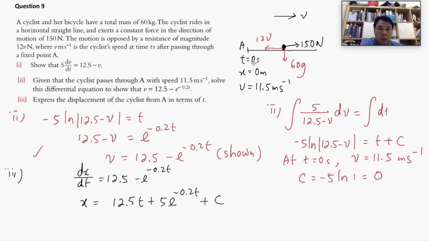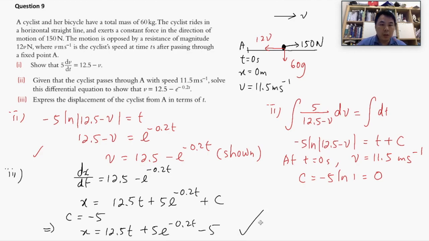We know that at t equals 0, x is equal to 0. So this is 0, therefore c is equal to negative 5. That will bring us x equal to 12.5t plus 5e^(-0.2t) minus 5. And that is the expression for our displacement.